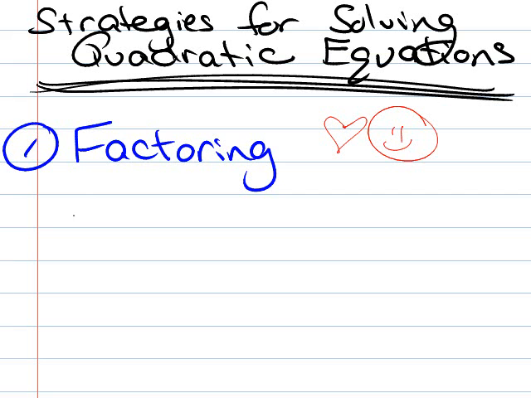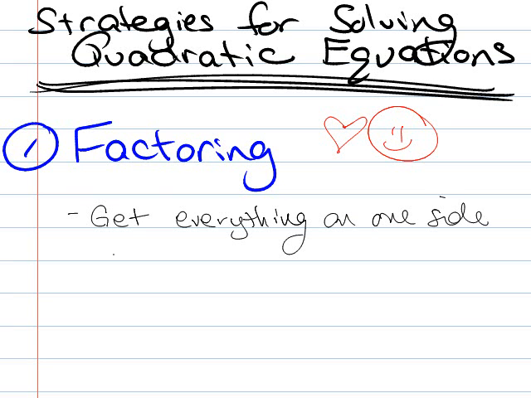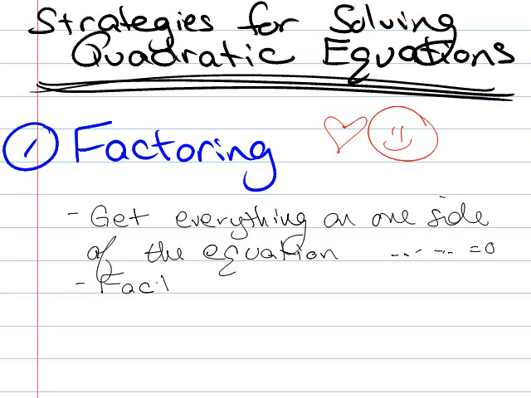So basically, whenever you factor, you'll have some kind of equation. You're going to get everything on one side of the equation, so you have everything equal to 0. And then what you're going to do is factor.